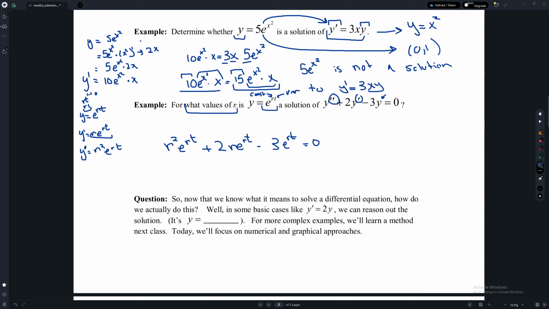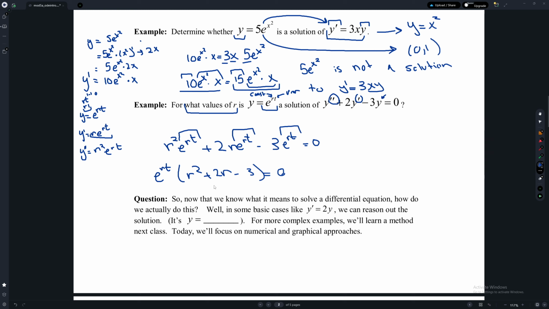So what we can do is, you can see we have these common factors in all 3. So let's pull these out. So this is pulled out. Now you get r squared plus 2r minus 3, and now you have a quadratic equation. How nice. Or is it an algebraic equation? You know what? I'm not good with terminologies, but you get the point.